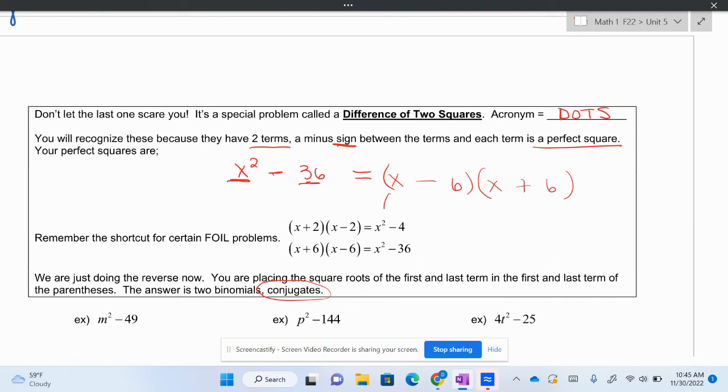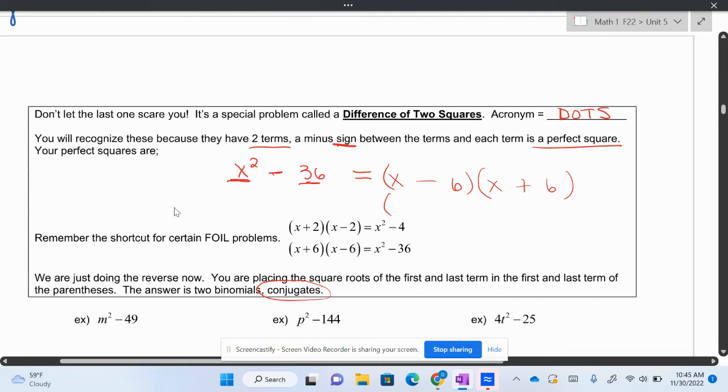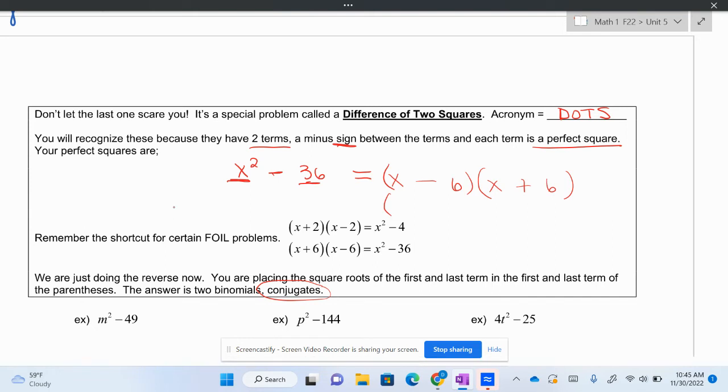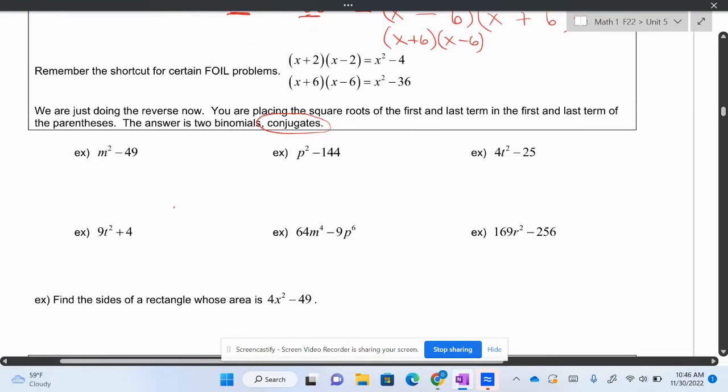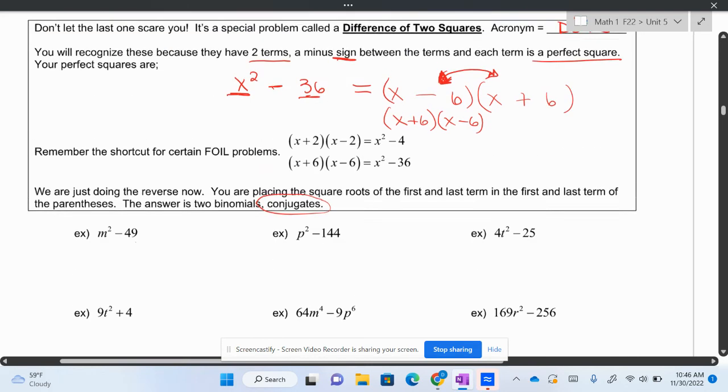Again, it doesn't matter if I write it as the quantity x minus 6 times the quantity x plus 6, or the quantity x plus 6 times the quantity x minus 6. The order does not matter because it's multiplication. These are interchangeable, okay?